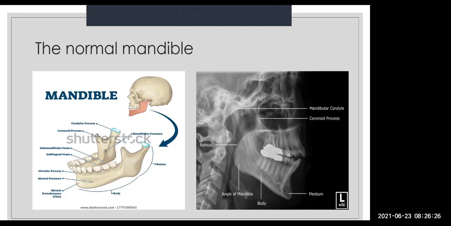So this is a normal mandible. What I wanted you to have a look at was the condylar process and the coronoid process, and actually put that into view on an X-ray.